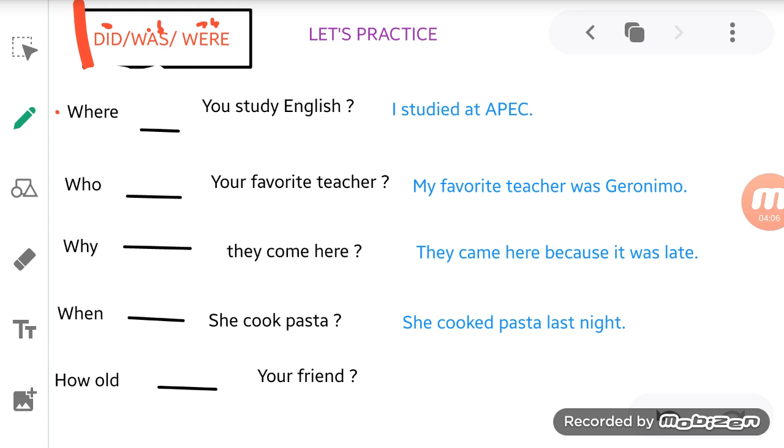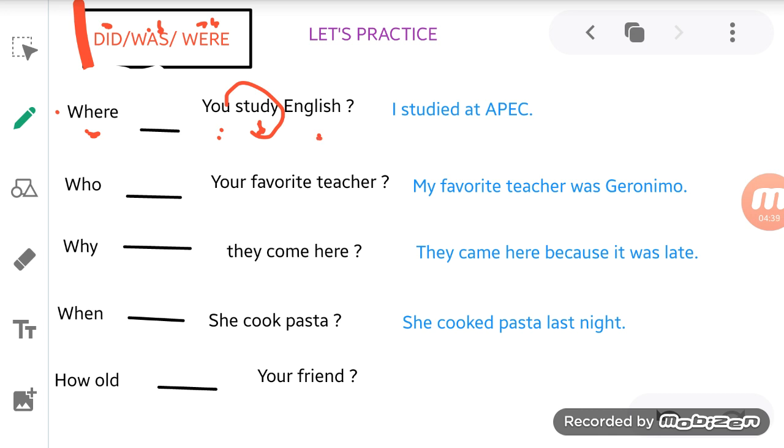First, you need to identify if you have a verb or if you need a verb. Check. Do you have a verb here? This element is the WH. This element is the subject. This element is a verb, the verb study.